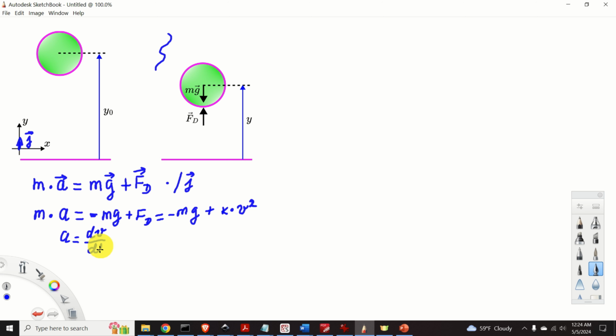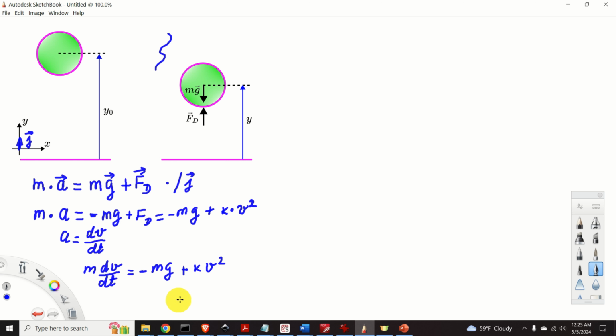By substituting this expression in this equation, we obtain m dv over dt is equal to minus mg plus k v squared. In order to compute the velocity, we need to integrate this equation. That is, from this equation, we need to compute the expression for velocity v.